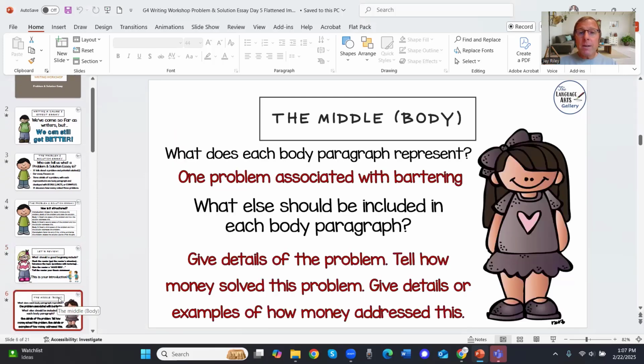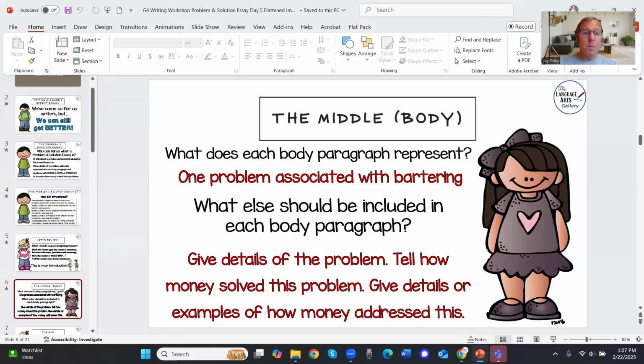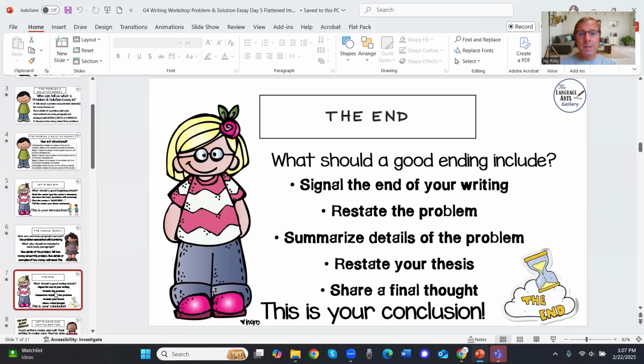Our body paragraphs, remember, each one represents one problem associated with bartering. So our first sentence, we want to tell the reader what that problem is. That's our topic sentence. We want to give some details and develop that. Then we're going to talk about the solution, which was money, and how money solved that problem.